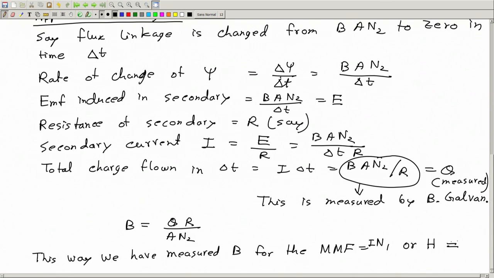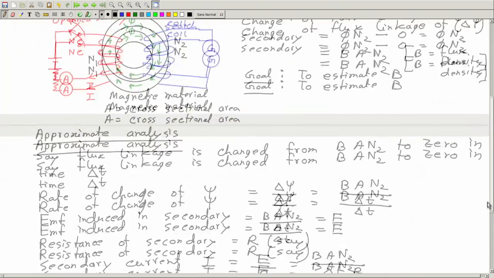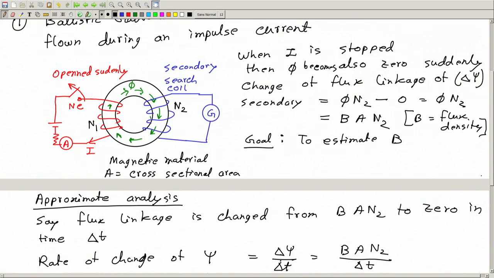H is equal to MMF, I N1, divided by L. What is L? L is this length, the mean length of the core. Now, I is observed, N1 is known, this mean length can also be known.